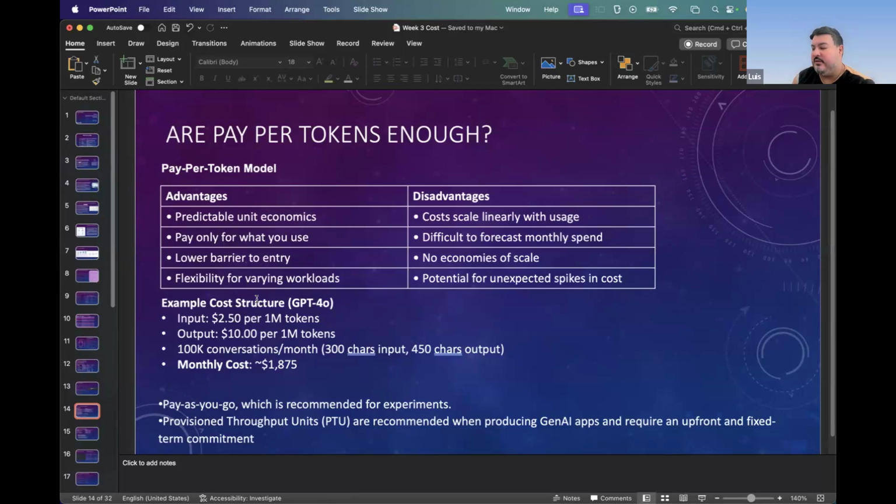So when you're going in and using these third-party providers for enterprise systems, you'll see that this is out there. So what is recommended?